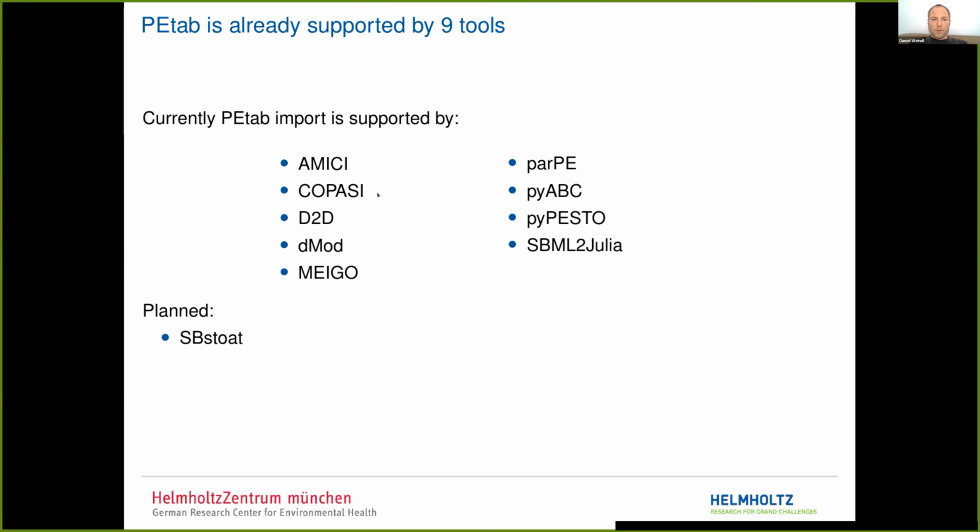Copasi is probably the most well-known tool with some nice GUI for creating models, performing parameter estimation, model simulation, all kinds of analysis. There's D2D, a MATLAB-based tool for creating models, for performing parameter estimation and uncertainty analysis. There is DMOD with very similar functionality, but in R. Then there's Mago, a MATLAB tool again for optimization.